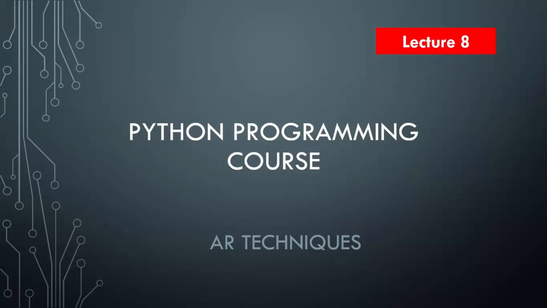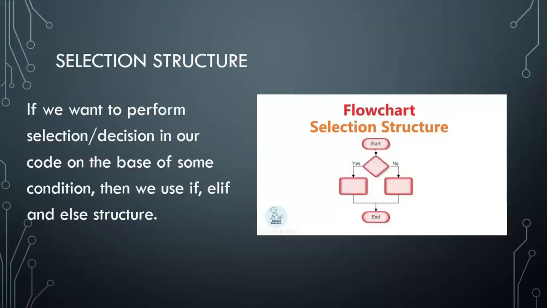Today is our lecture 8 of Python programming course, and in this video I will teach you selection structure in Python. What is selection structure? There are total 3 types of programming structure.